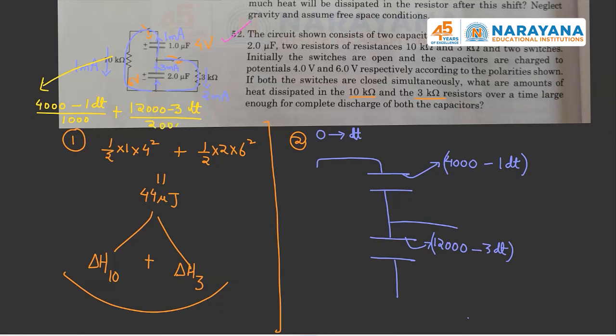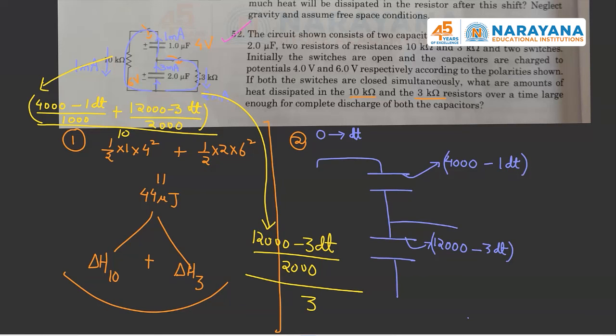So this is the voltage, and net voltage upon net resistance. If I write 10 only here, I'll get my answer in milliampere. The ratio is constant. Similarly, this will become 12,000 minus 3 dt upon 2000, and the whole divided by 3, 10, so the whole divided by 3.